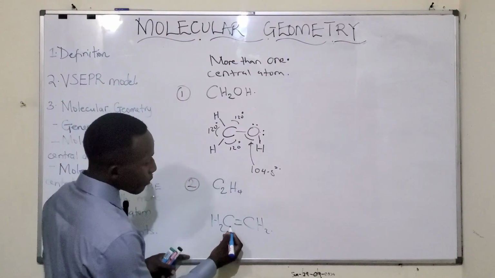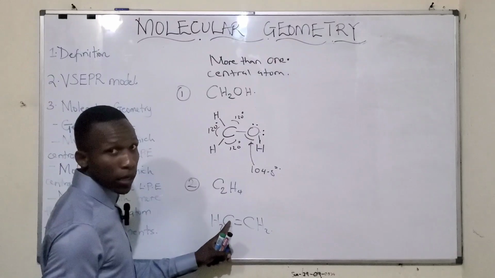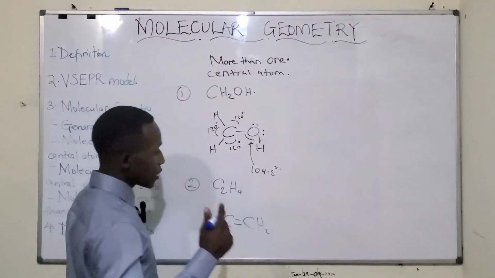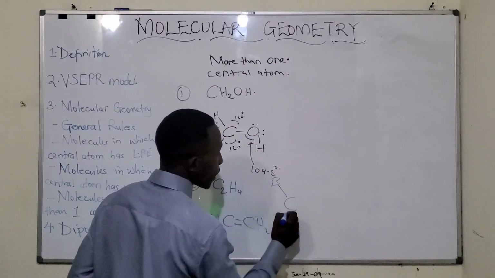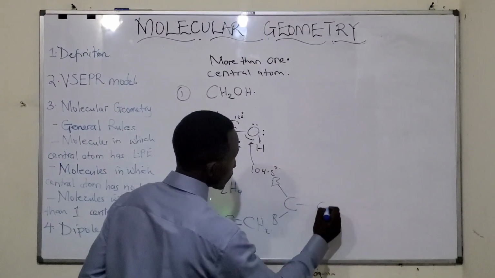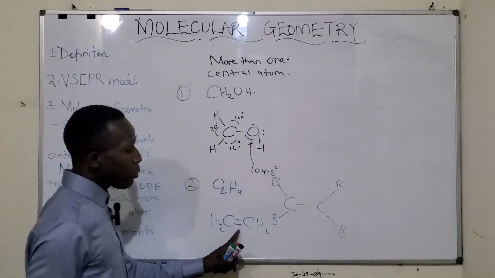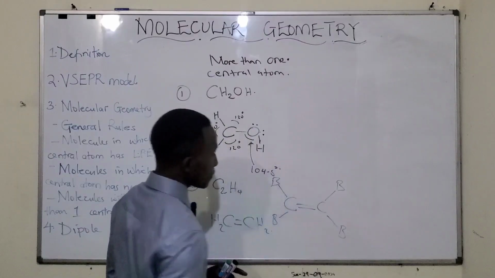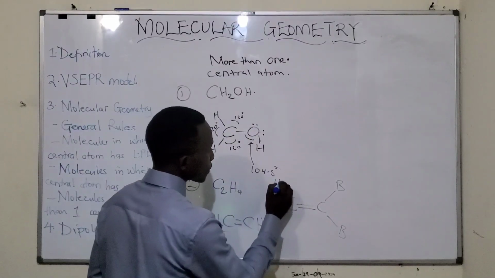And remember, each carbon atom has no lone pair of electrons, so they are all like the first structures we did. So each carbon is attached to 3 other bonds. The double bond is treated as a single bond. So though it's a double bond, they are treated as single bonds. These are hydrogen atoms.